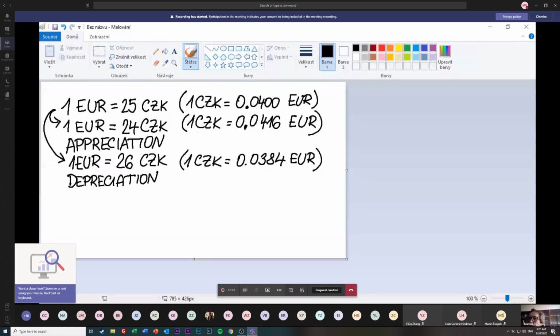And the Czech crown is appreciating. Once more, if the demand for the Czech currency is increasing, the price of the Czech crown is increasing too, and the Czech crown is appreciating.